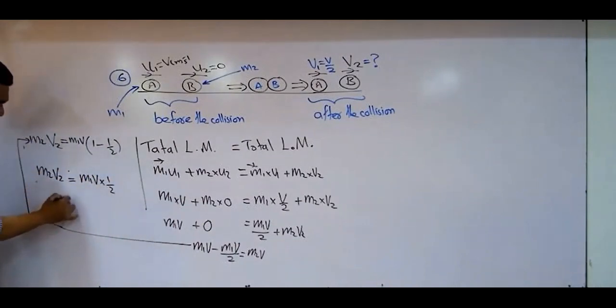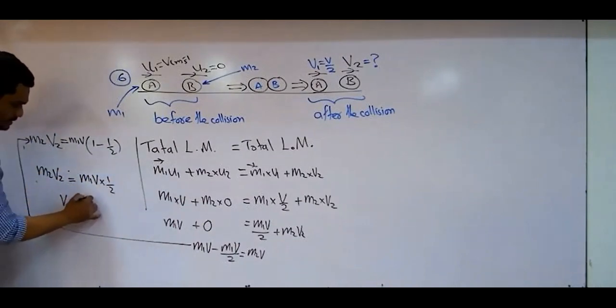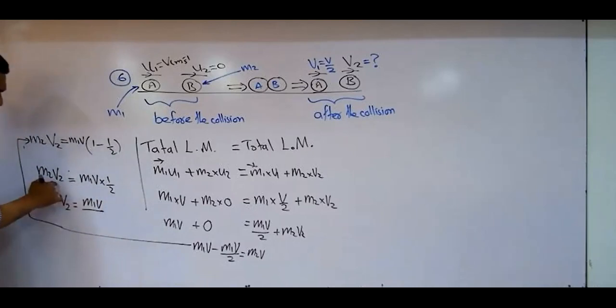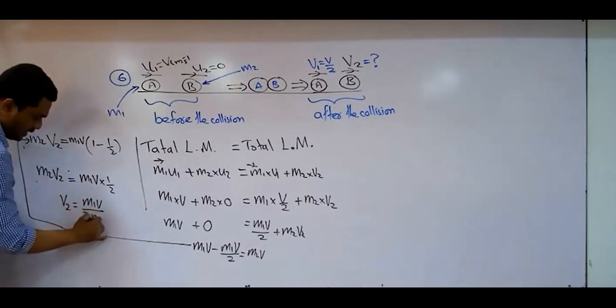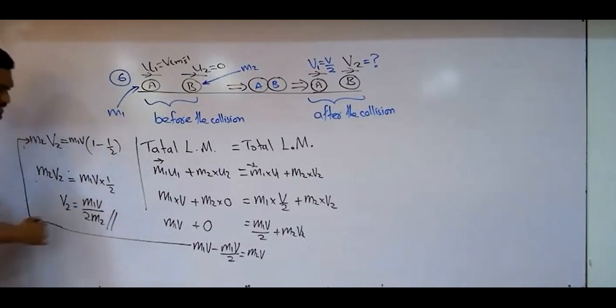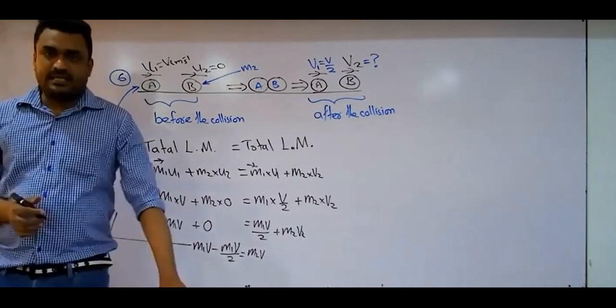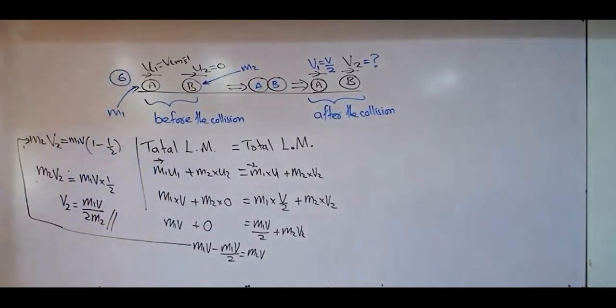If I take m2 to the other side, I get v2 equals m1 v over 2 m2. That's it. So which choice is correct? Is it 5? Answer is 5.